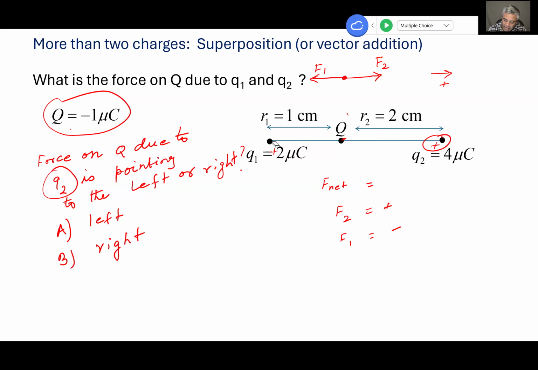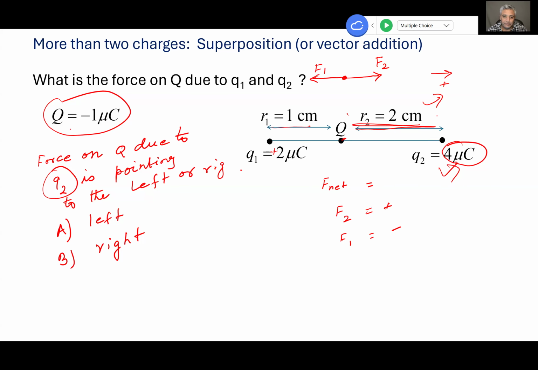Which one do you think the value is going to be larger? It's hard to tell, isn't it? So distance doubled here and charge became double. Charge doubled, distance doubled. Did we know anything about that?